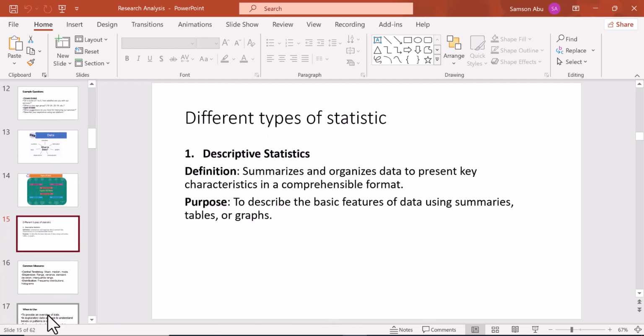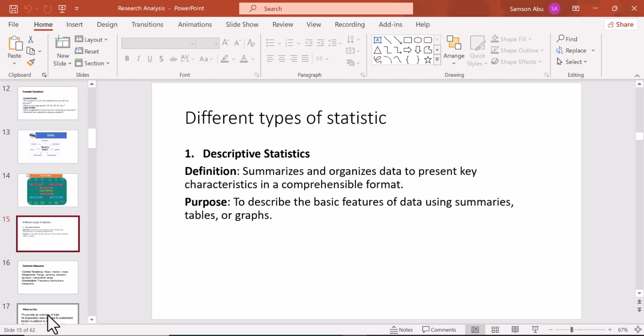Then we have different types of statistics, and that is why we are here. We have descriptive statistics, and some call it exploratory statistics. Basically, descriptive statistics summarizes and organizes data to present key characteristics in a comprehensible format.